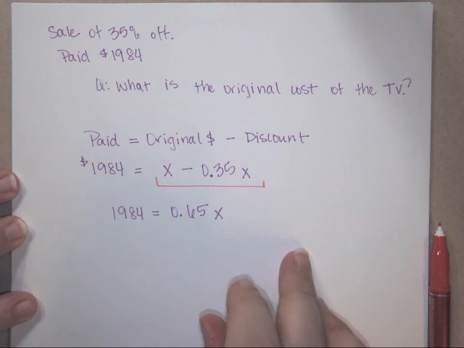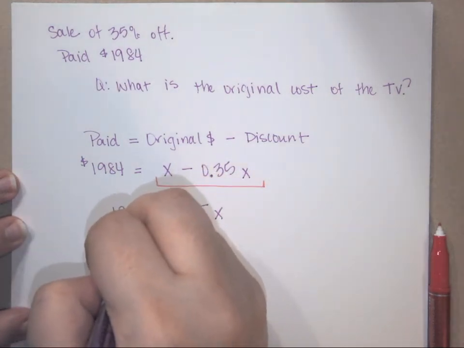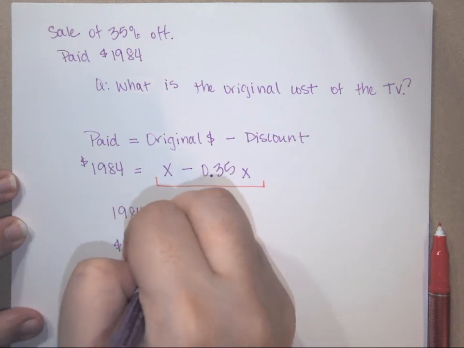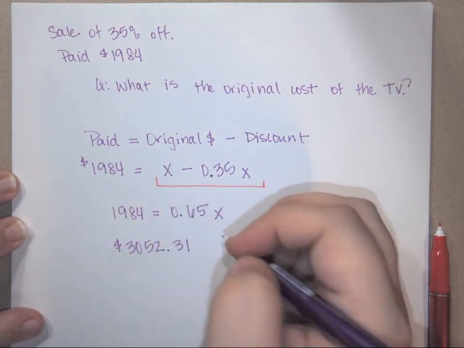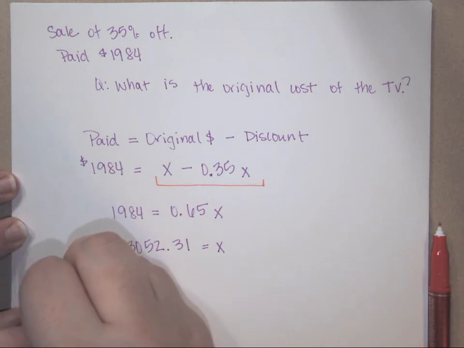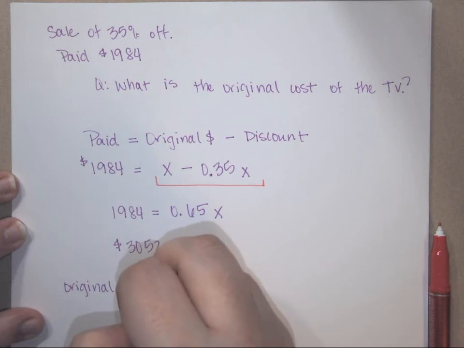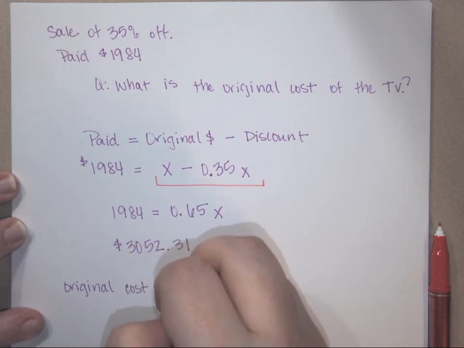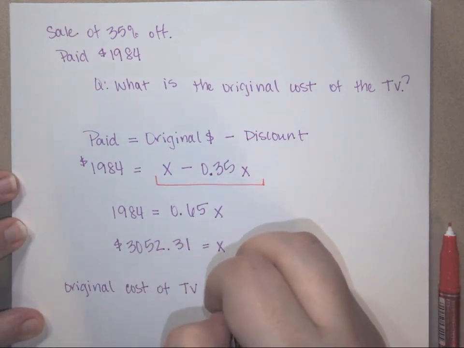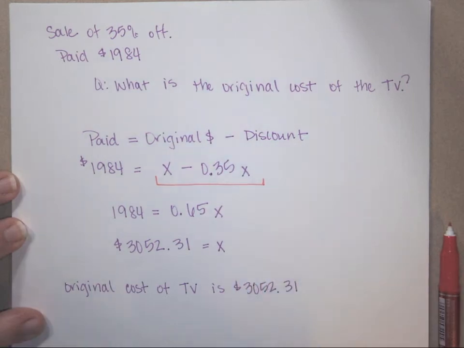We have to divide everything by the 0.65, and you're going to end up with $3,052.31 equals x. Okay, so that is your original cost of the TV, $3,052.31.